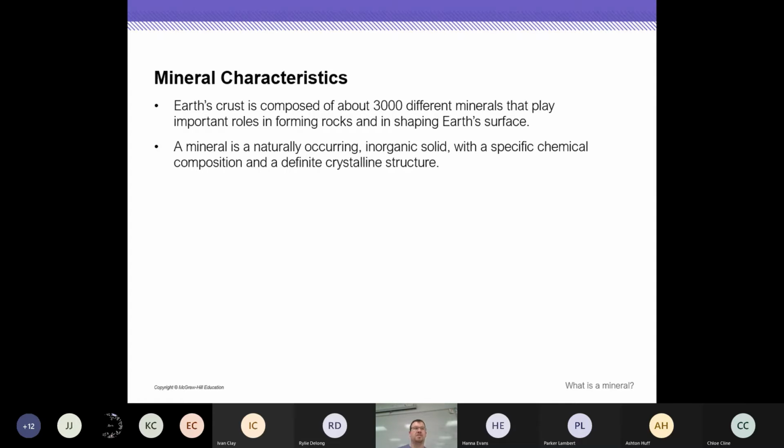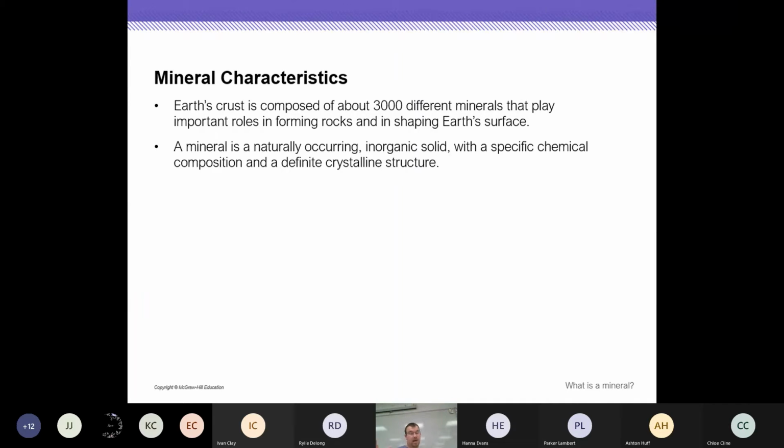Knowing the rocks that are around us really means a lot. Knowing the soil composition, especially if you like to plant a garden, you can go as far as knowing what's in the soil, and you can add certain fertilizers to increase the nutrients for your crops to make them bigger.